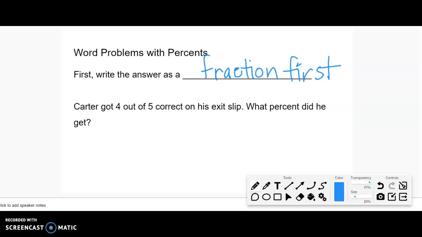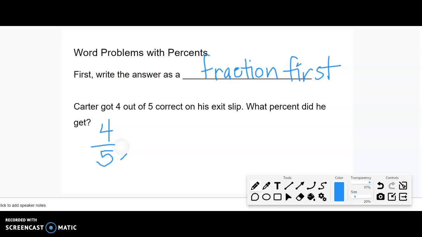So Carter got 4 out of 5 correct on his exit slip. What percent did he get? Well, if he got 4 out of 5, we can write that as a fraction. And now we just have to change it into a percent, like you have been doing in all of your lessons. So remember, a couple of different strategies. We could write it out of 100, we could make it a decimal, and then a percent.